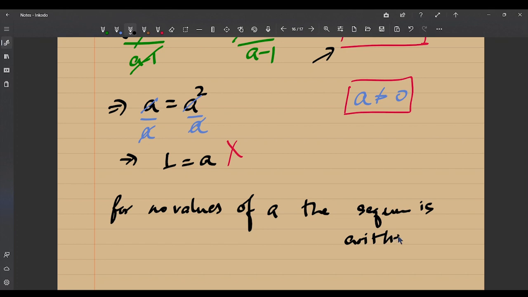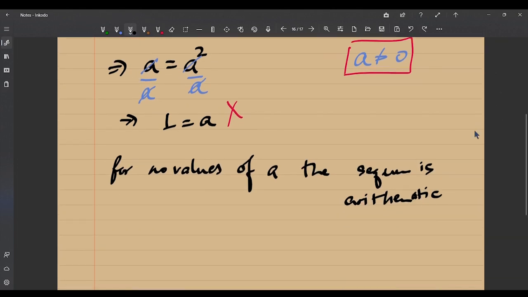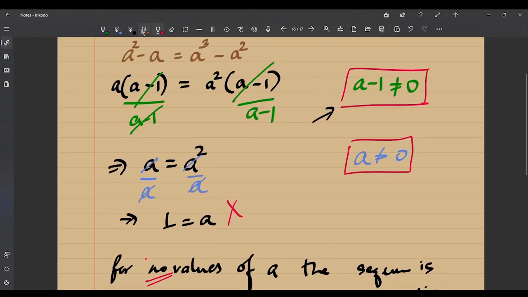For no values of a can this equation be satisfied, which is the same as saying for no values of a, the sequence is arithmetic. And for no values of a, let me underline this no, because we have already disregarded two values of a, and we have made this conclusion for other remaining values of a.